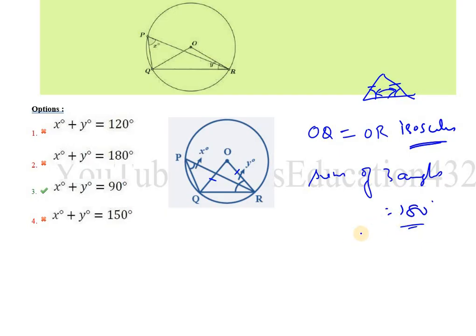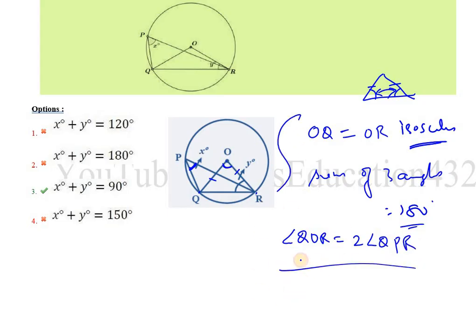Another thing is the half angle property: angle QOR is equal to 2 times angle QPR. By using these 3, we can solve and show.